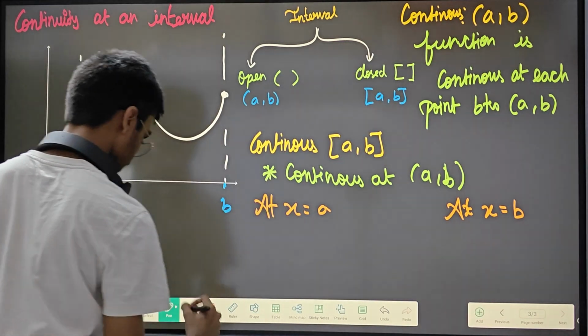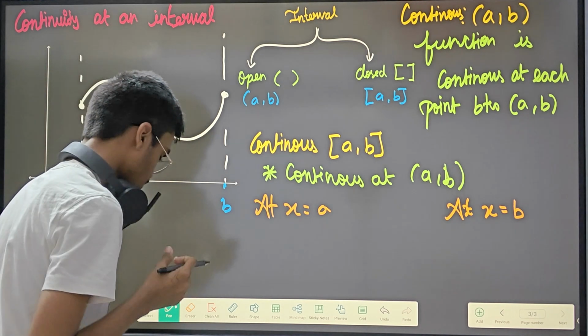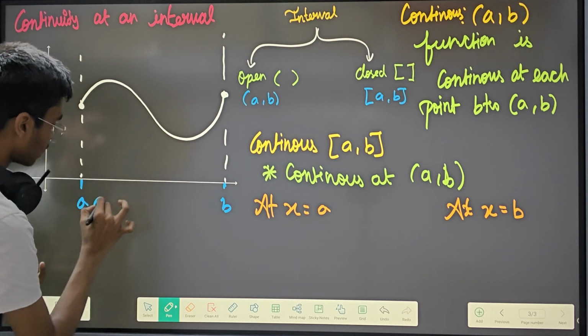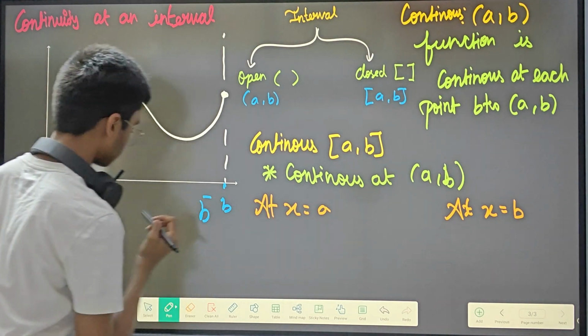So what are we going to use? At x equal to A, it is A plus, and at B it is B minus.